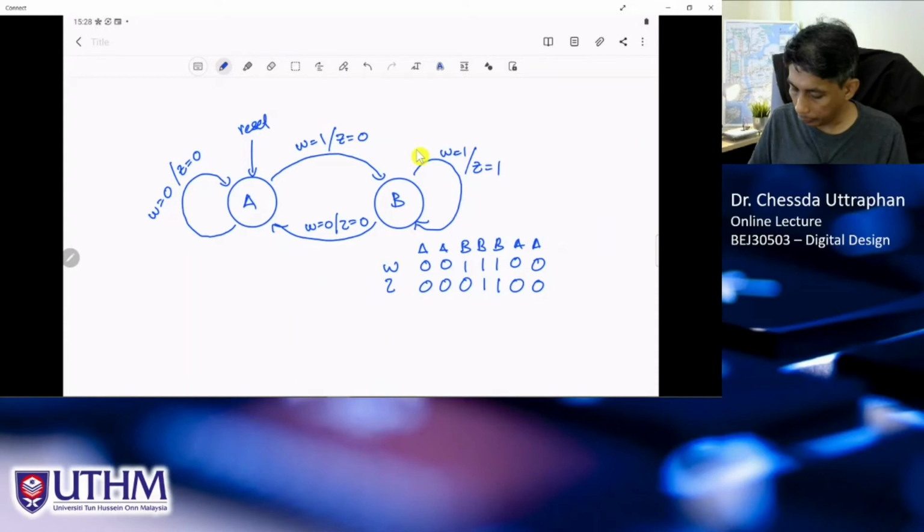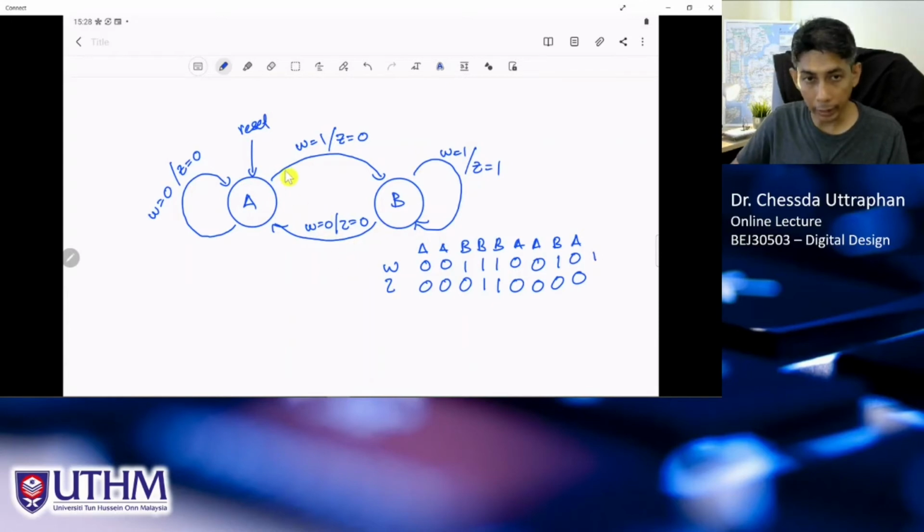And if w equal to 1 the next time, z should still be 0, and we are now at B. And if w equal to 0, then we go back to A, and z should be equal to 0, which is okay.